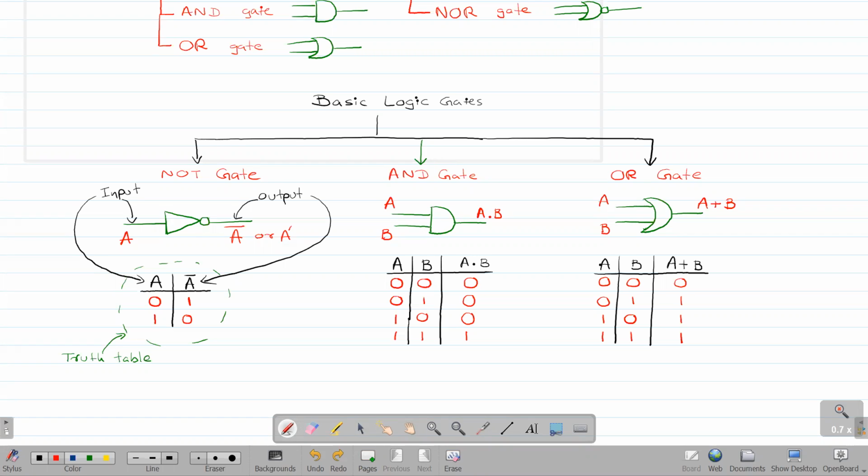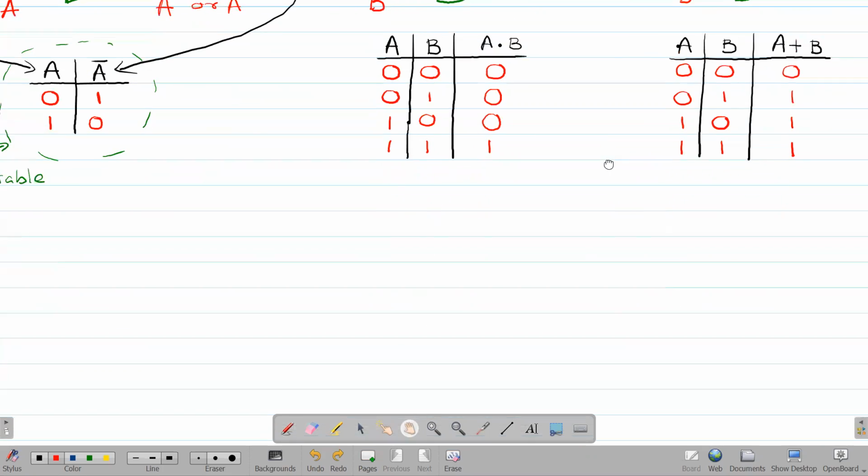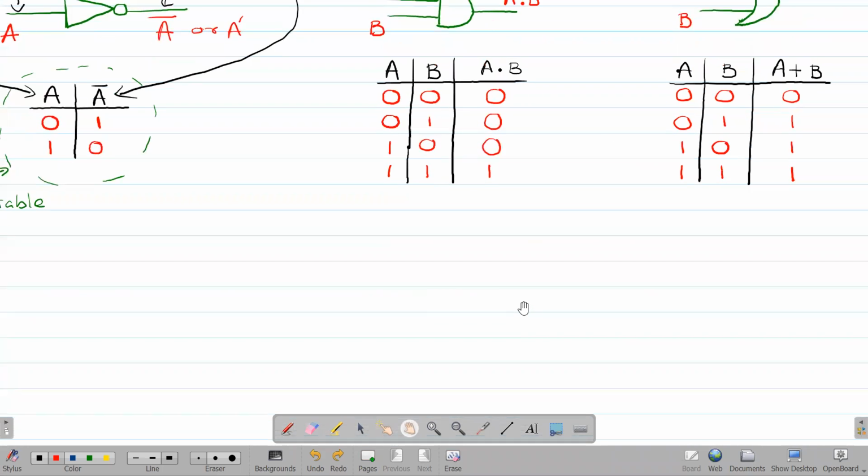Right, so let's go and see how the combinational gates are working. Next we are going to discuss the combinational gates.